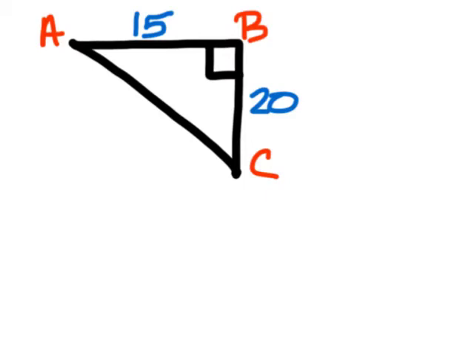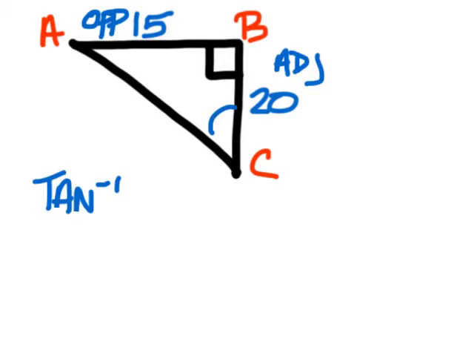Practice problem, find the missing angles and the missing side. Angles rounded to the nearest degree, sides rounded to the nearest tenth. Since you're missing the hypotenuse, you're going to end up using tangent on whichever angle you choose. I'll choose angle C, so I'm going to have to do inverse tangent of opposite over adjacent to solve for this angle.